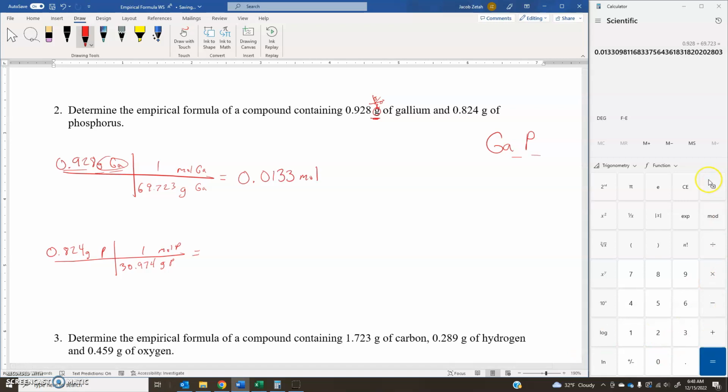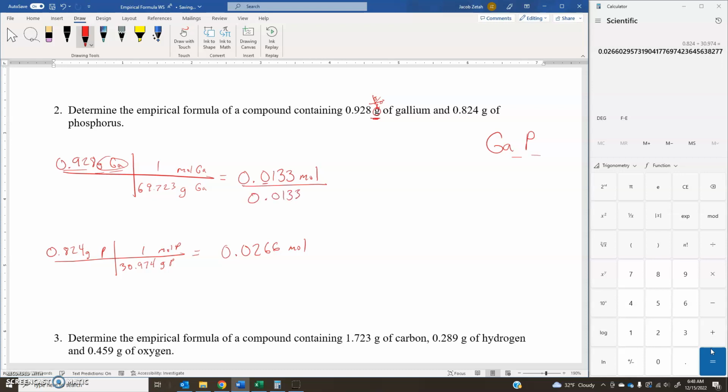Then we clear it, 0.824 divided by 30.974, and that equals 0.0266 moles. One thing I saw was a common mistake is some people put too many zeros here. They had 0.00. Then they ended up getting GA1P20. That might have been you. So check that on your sheet.